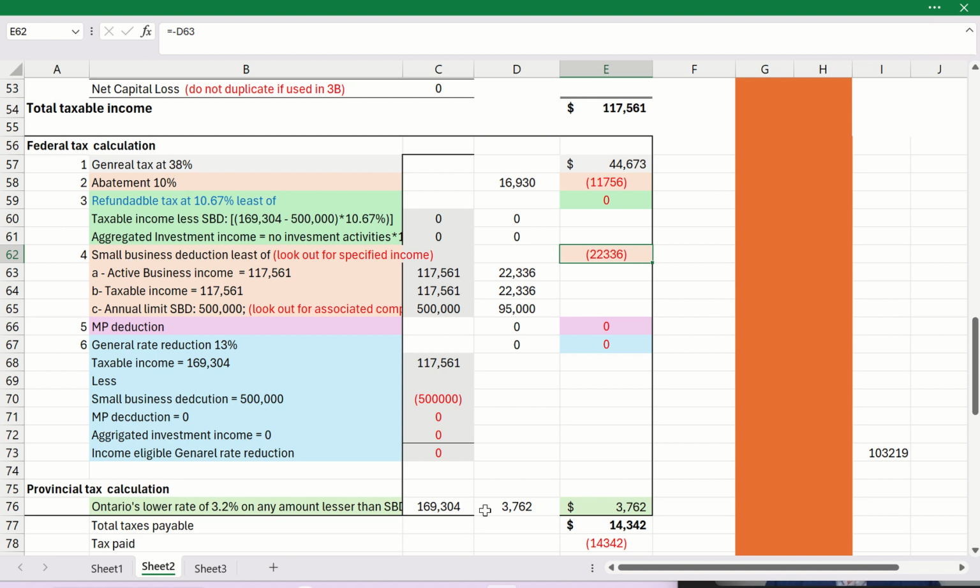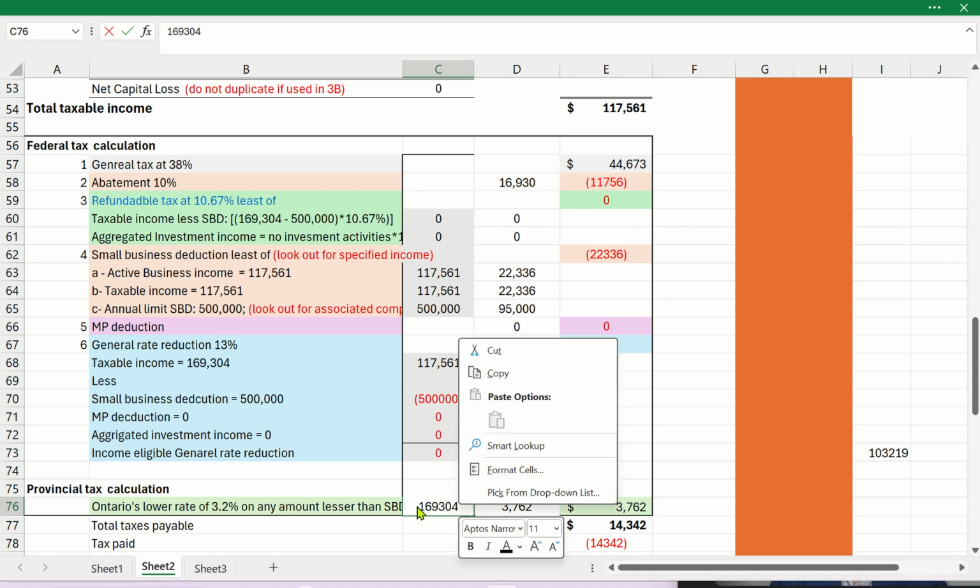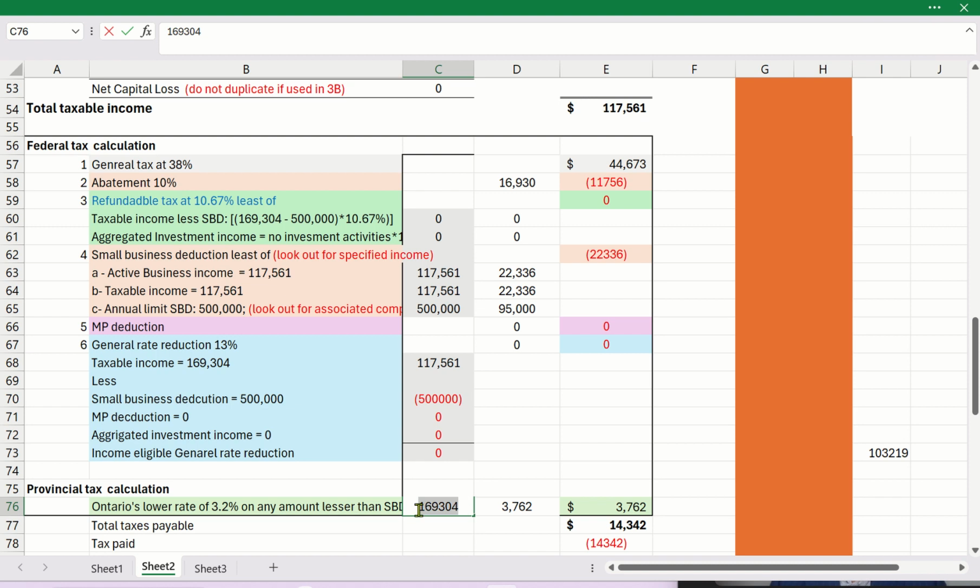Okay, and we need the Ontario amount as well. I use this line for comparison purposes. So if we simply multiply this amount, the taxable income of $117,561, by this tax rate of 3.2%, you can see it right there.